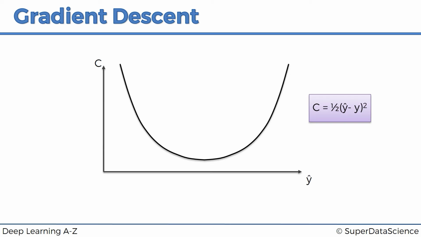So there's our cost function, and now we're going to see how we can come up with a faster way to find the best option. So let's say we start somewhere. You've got to start somewhere. So we start over there, in the top left, and what we're going to do is look at the angle of our cost function at that point.